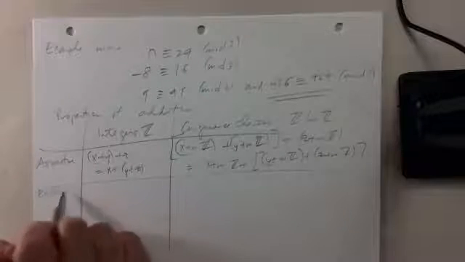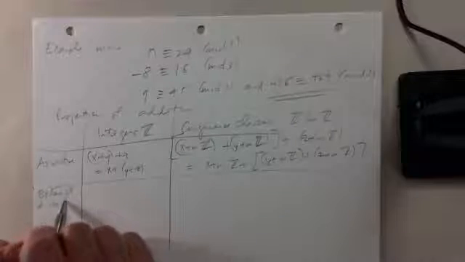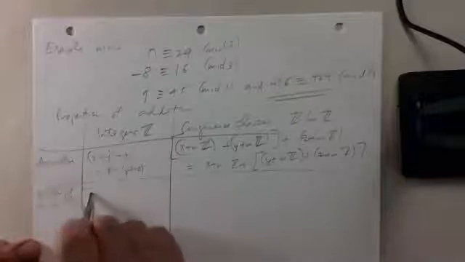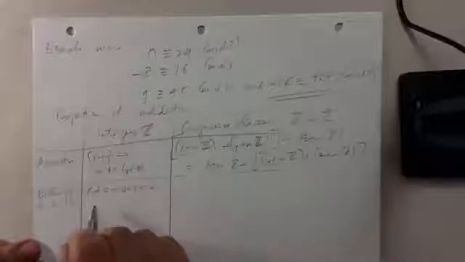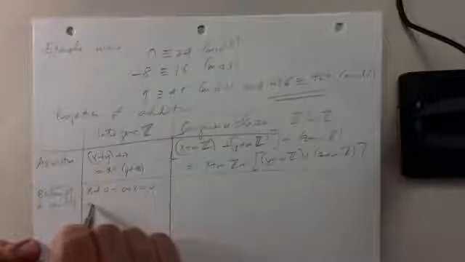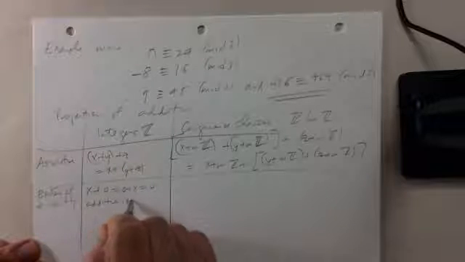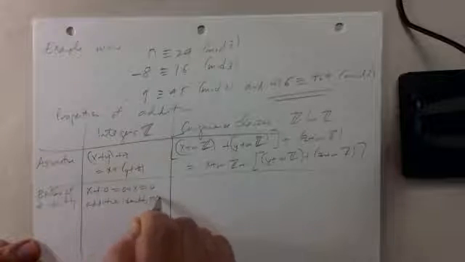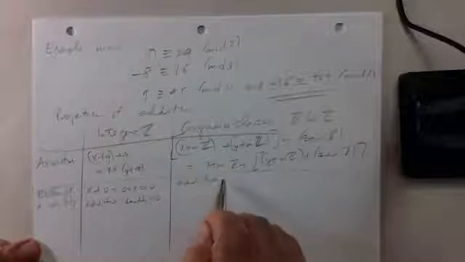In the integers, you have the existence of an additive identity. It's 0. x plus 0 and 0 plus x is x. So the additive identity is 0. In the congruence classes, you also have an additive identity.